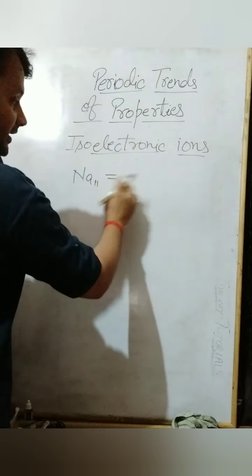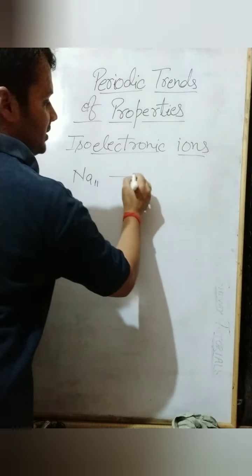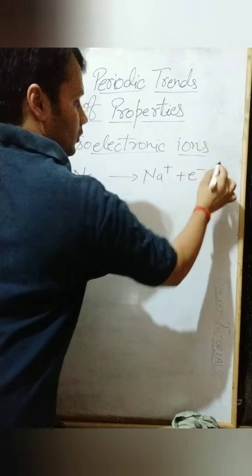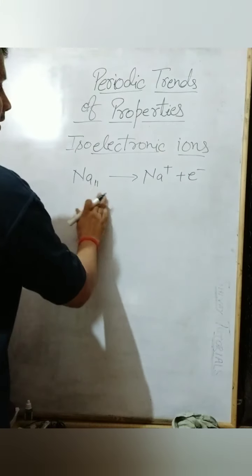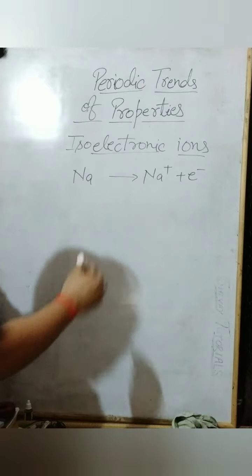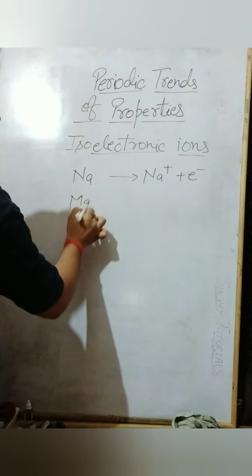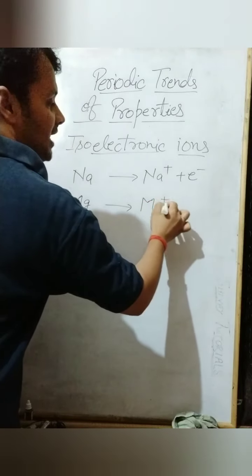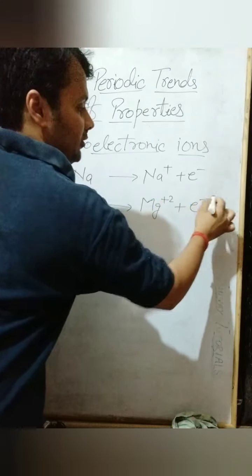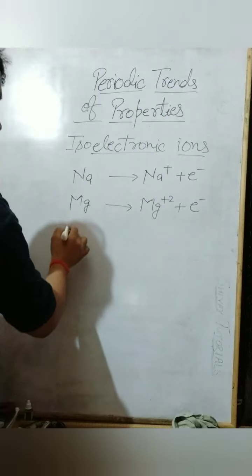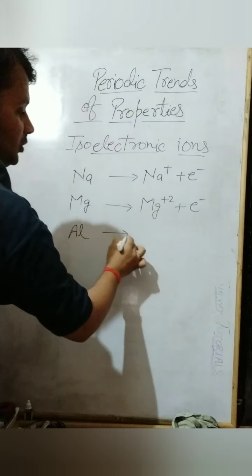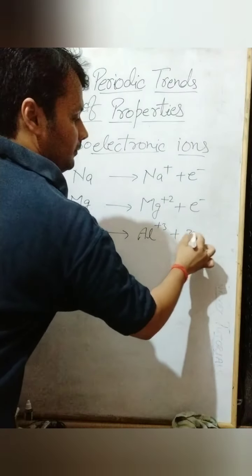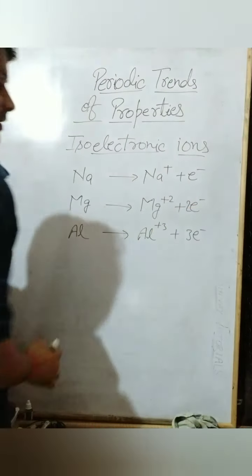If we take out one electron from sodium, it will become Na+. If a magnesium atom loses 2 electrons, as we know it has 2 electrons in the valence shell, and similarly an aluminium atom loses 3 electrons and forms Al3+.